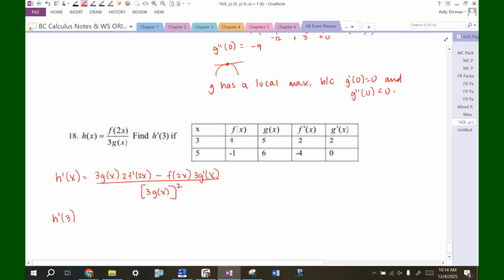h prime of 3. I'm just going to show myself that I'm putting 3 into all these. Actually, I'm going to do a little bit of math. 3 times 2 is 6 times g of 3 times f prime of, not 3, 2 times 3.